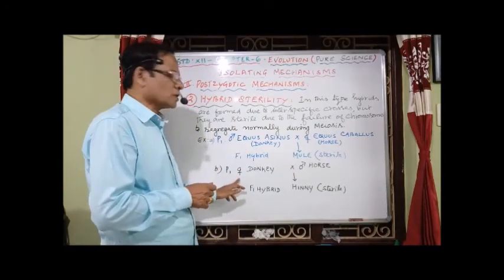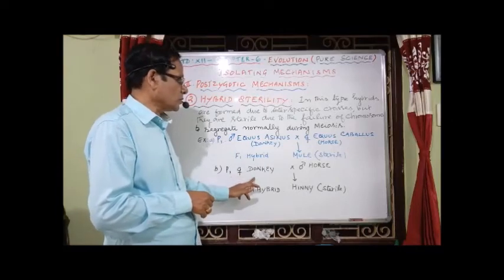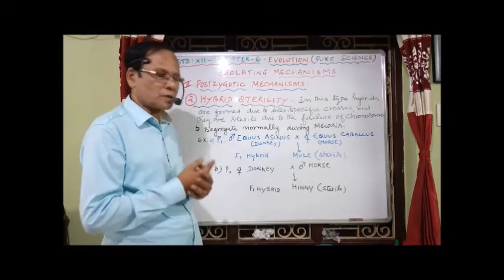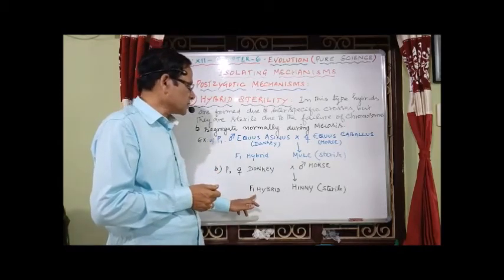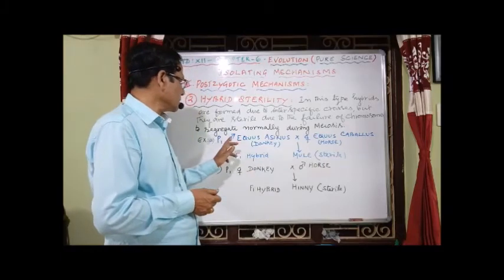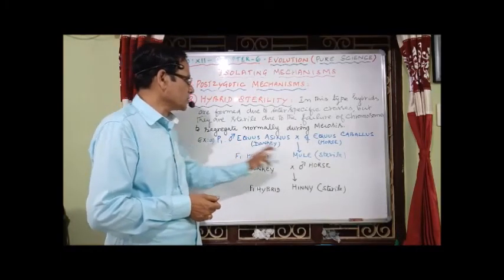When a reciprocal cross is effected, taking the female donkey and crossing with the male horse, the resultant product is also an F1 hybrid, but it is called a hinny, not a mule.